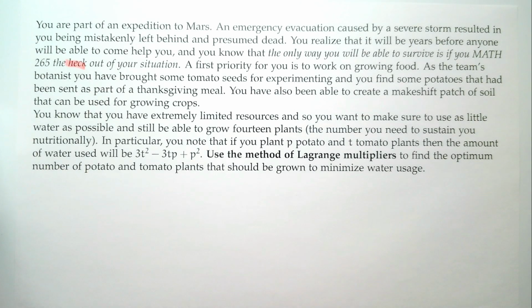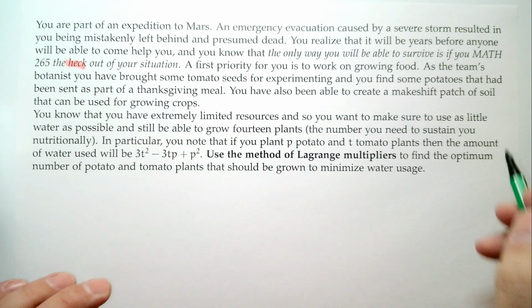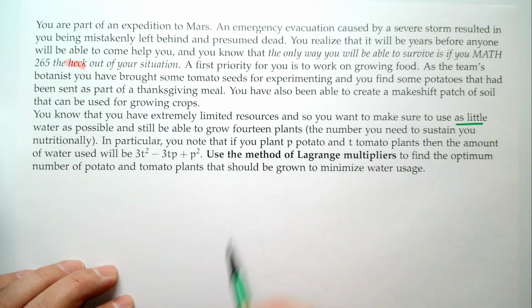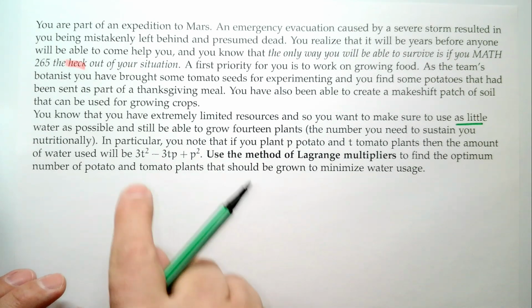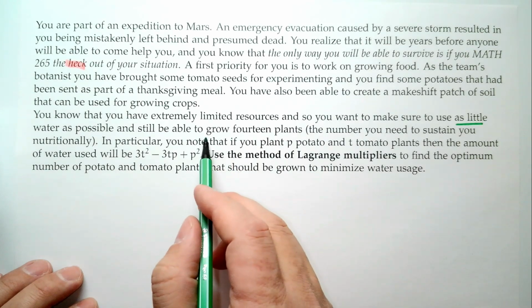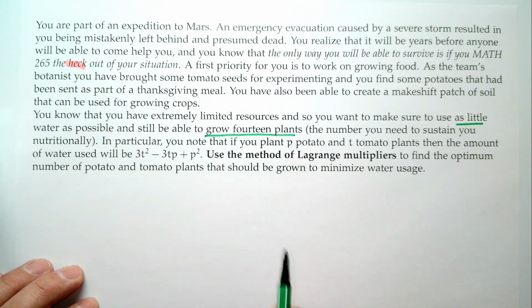So we're trying to minimize something. So when you see something like as little or as much, that's a clue that that's what you're trying to optimize. So we're trying to optimize something. And, well, we have to grow 14 plants. Now that's something we'll come back to in just a second.